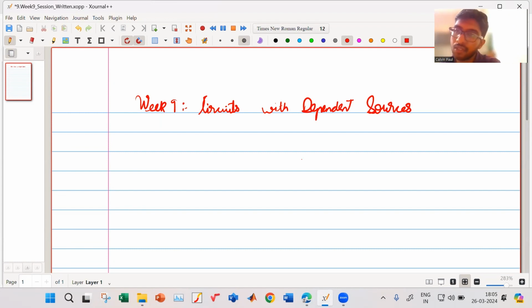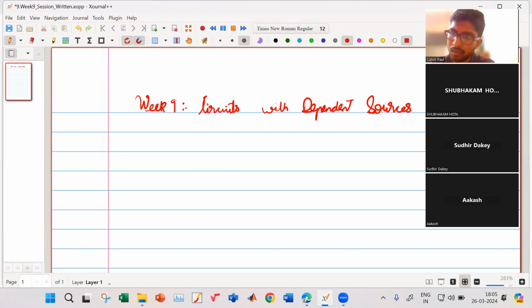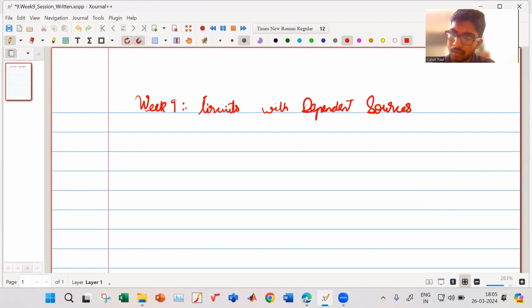Does anyone know what these mean? Anyone has any idea? Dependent source depends upon any voltage or current across any branch of an electrical circuit.